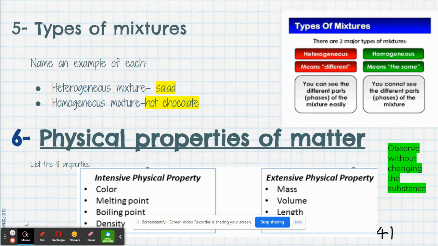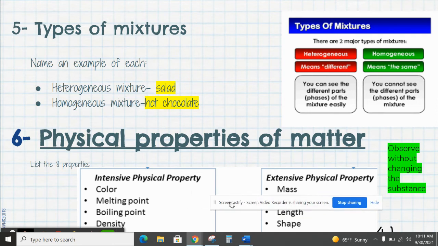Physical properties of matter are ones that we can observe without changing the substance. They include things like color, the melting and boiling points, density, mass, volume, length, and the shape of something. Again, these are ones we observe without changing the substance.